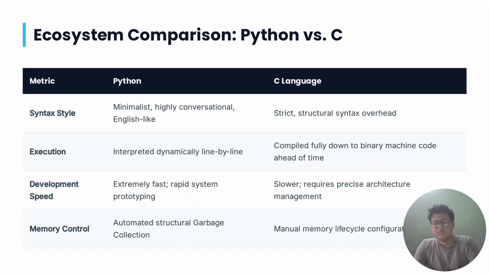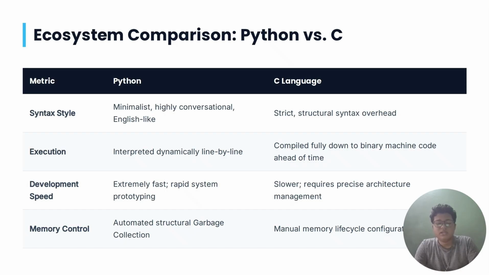Python code is very similar to the English language that we write, speak, and talk in. And in the case of C, it's strict structural syntax. We have to learn a lot of syntax in that. It has a bunch of structure that we have to write every time, even if you write a single line of code, which is not the case in Python.